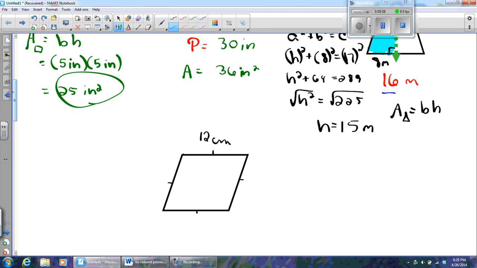All right, so here's my triangle. The base is 16 meters, right, because I need the whole base. The height is going to be 15 meters. And then I'm going to divide by 2. Let me see if I can do this in my head. 16 times 5, I think is 80?